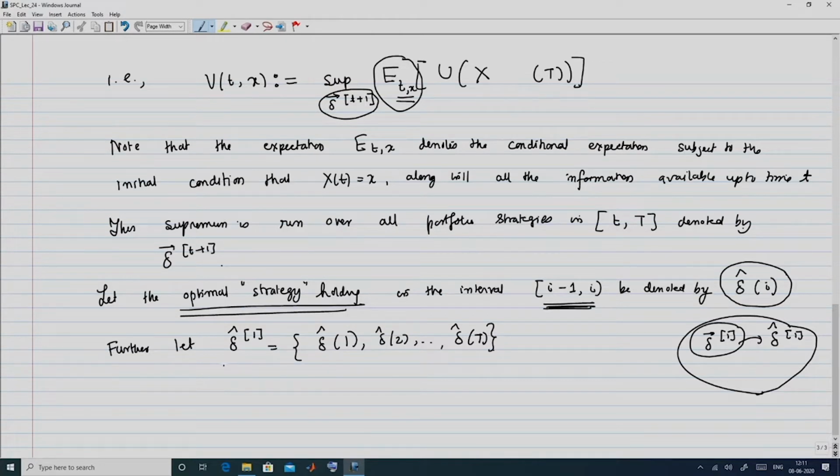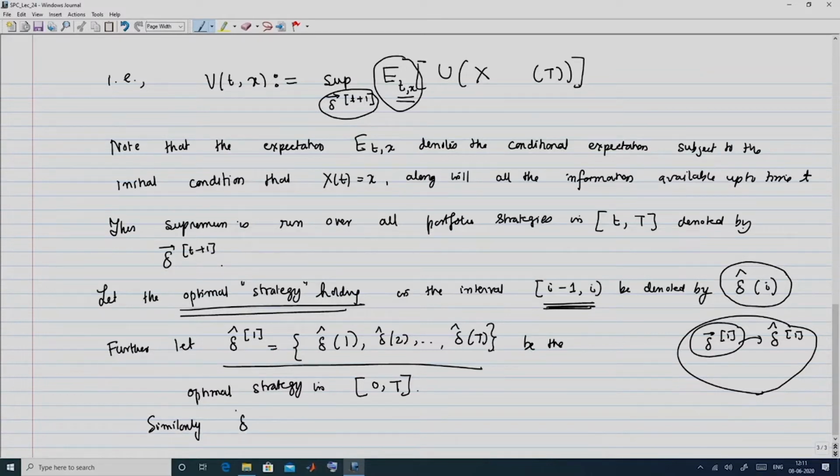So, accordingly we let this be the optimal strategy in the entire investment window of 0 to capital T. Or similarly, we can have the notation delta hat of j+1. So, this is the optimal strategy from the time point j all the way to time point capital T.